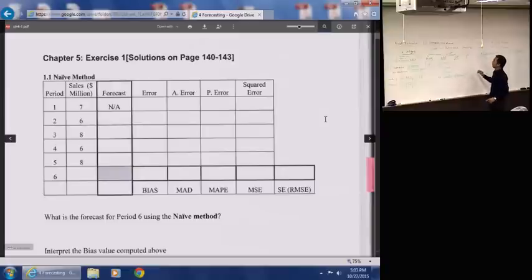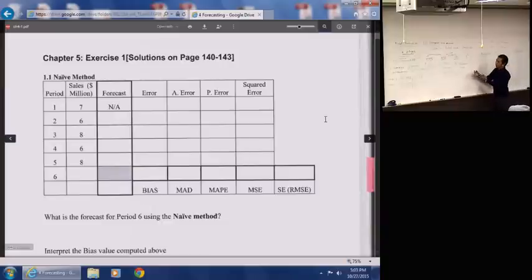Number 5, SE. To compute the SE, basically what we have to do is... I'm going to erase this part. SE stands for standard error. The name doesn't really suggest what the formula would be, right?